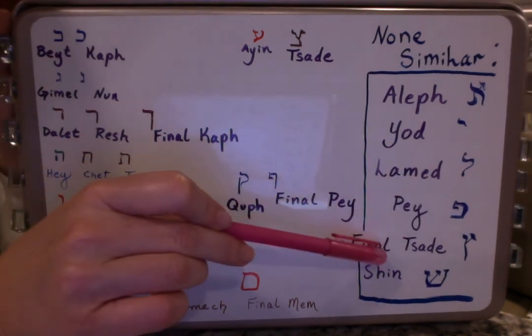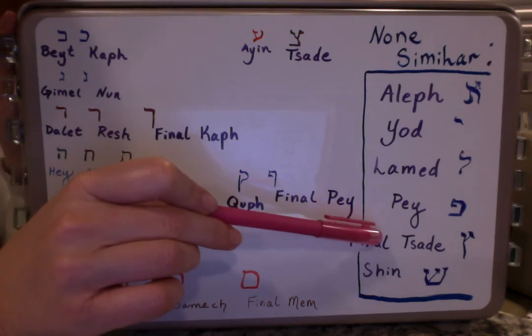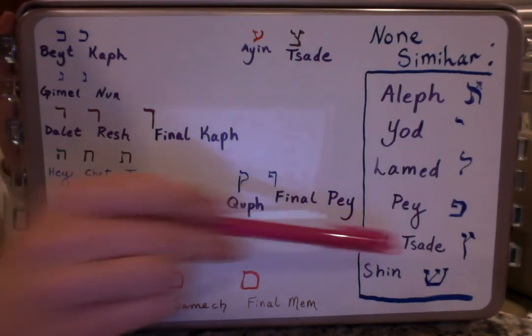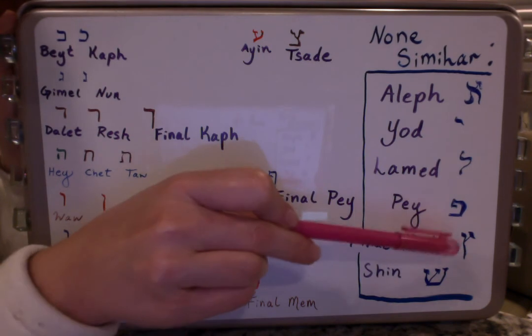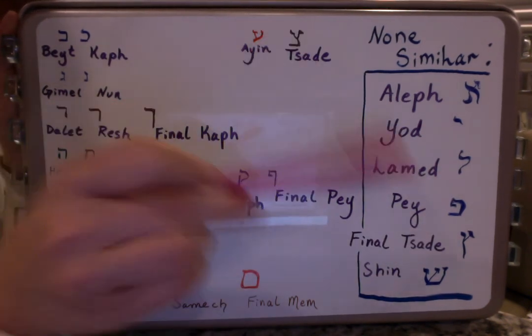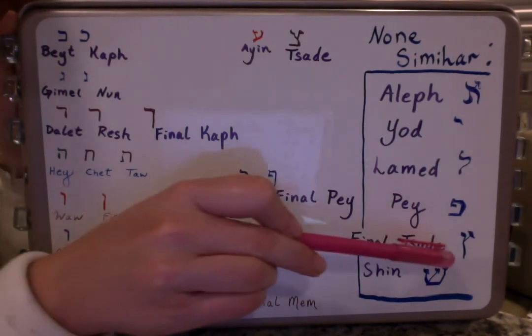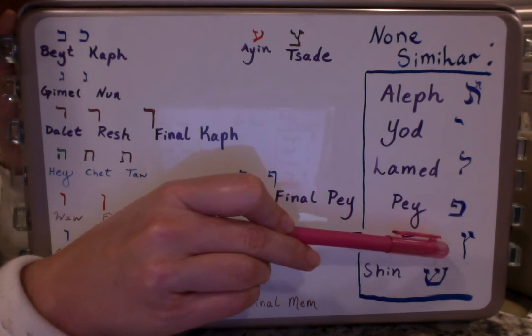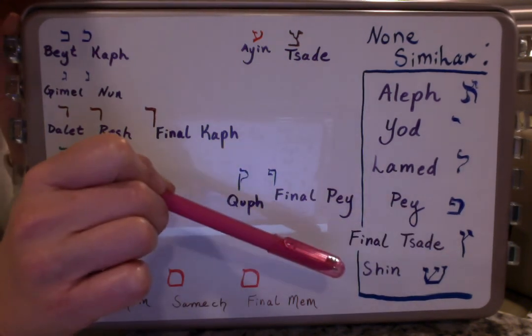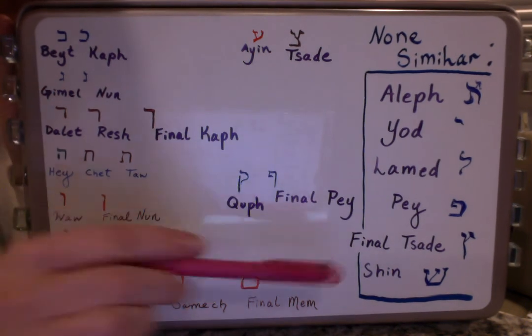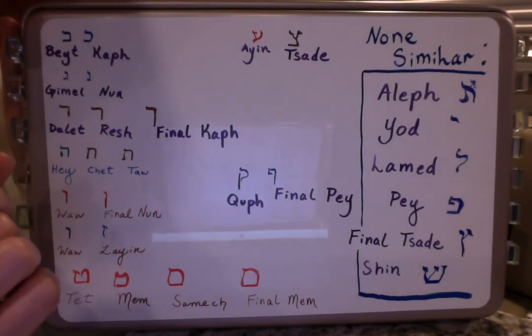And then Tsadi, yeah, it kind of has the final nun length, but that's it. The top, it's still got that indentation that none of the other ones have. And Shin, the teeth, none of them look like that.